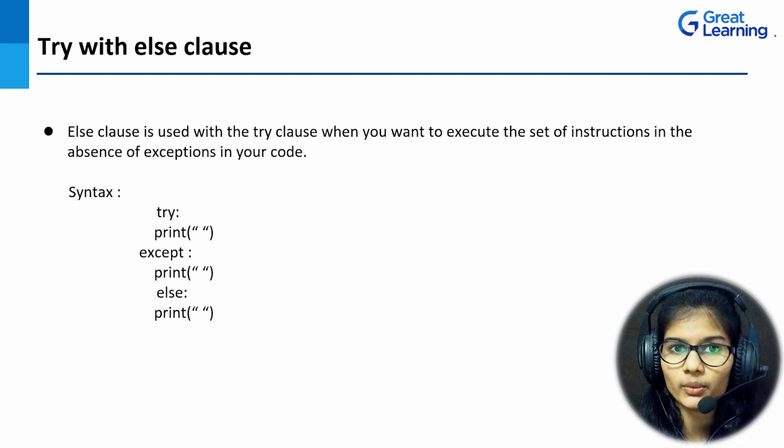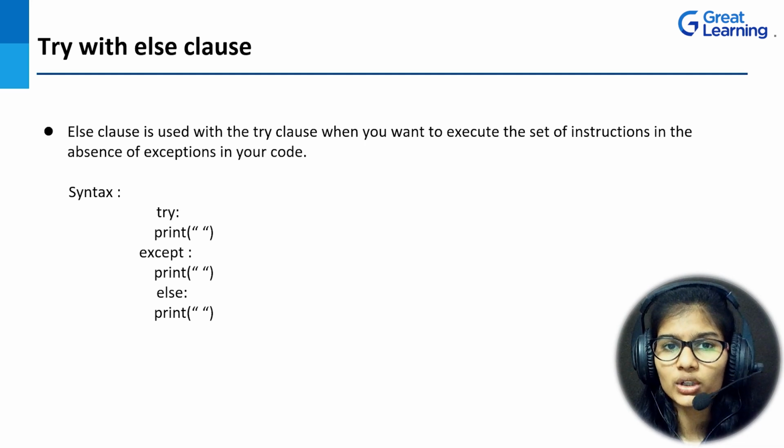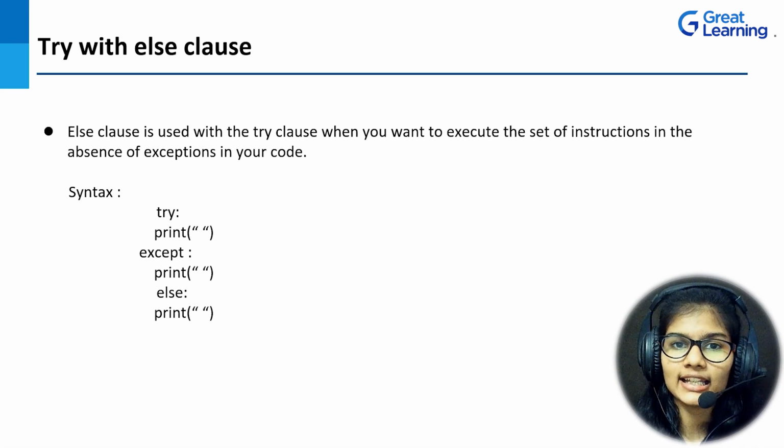Hope I am very clear with this, right? But that will only be executed when you do not have any error in your program. When your exception does not occur, only then the else clause will work.